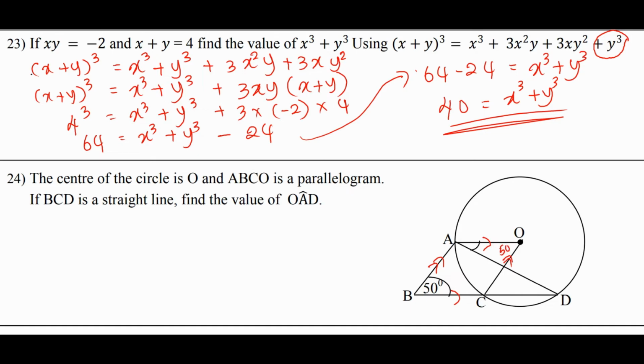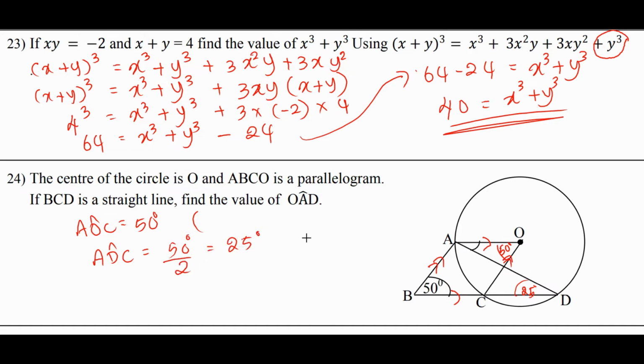The angle AOC is equal to 50 because of the parallelogram. ABCO is a parallelogram, then the opposite angles should be equal. If this is 50, this should be 25 according to the theorem. Then angle ADC is 50 divided by 2, which is 25 degrees.